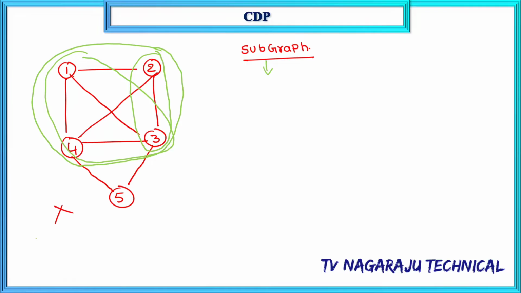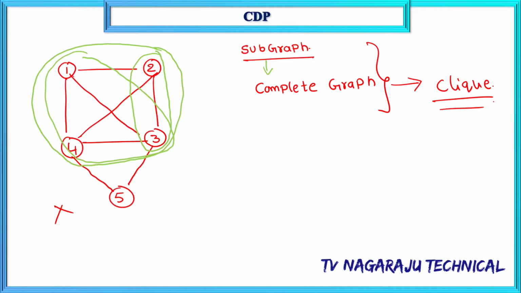Suppose if the subgraph is a complete graph, then such type of complete subgraphs are called clique. Now you got the definition of clique. Clique is simply a complete subgraph. Now, for this example, multiple number of complete subgraphs, that is cliques, are possible.